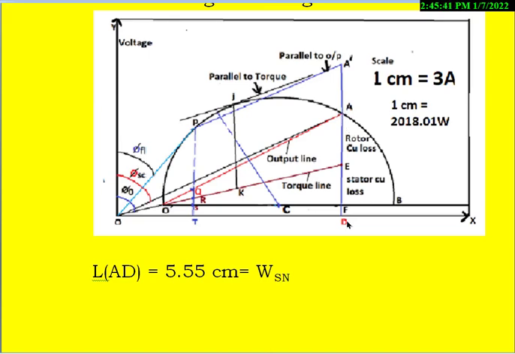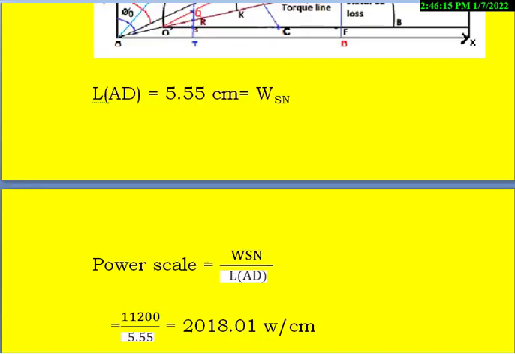Now measure the distance from A to D. This will represent the short circuit condition loss in the motor, which we have calculated as WSN, and that distance, that is A to D, is coming as 5.55 centimeters.